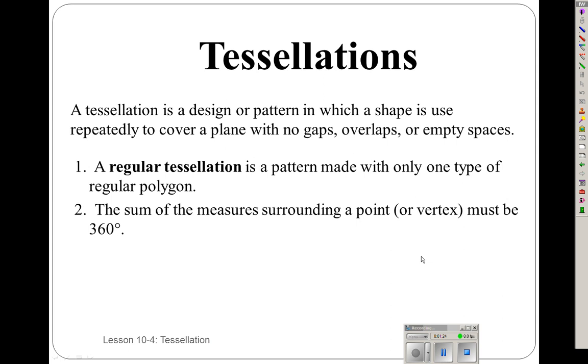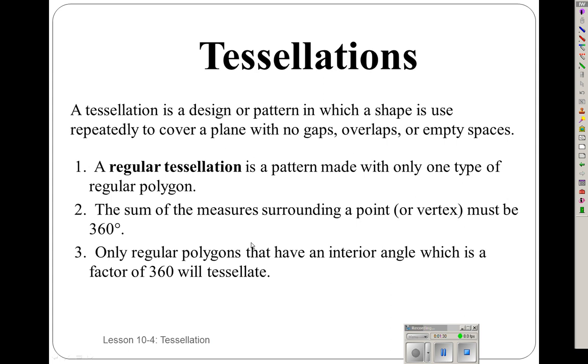And again, the sum of the measures surrounding a point or vertex must be 360 degrees. Only regular polygons that have an interior angle which is a factor of 360 will do a regular tessellation. Otherwise, it won't complete the full circle.